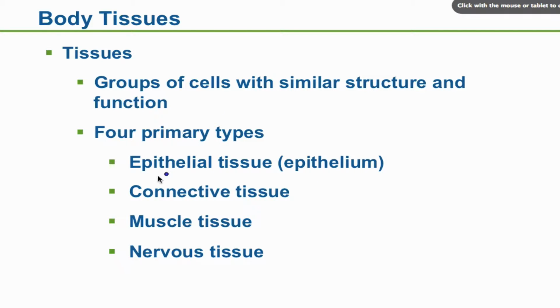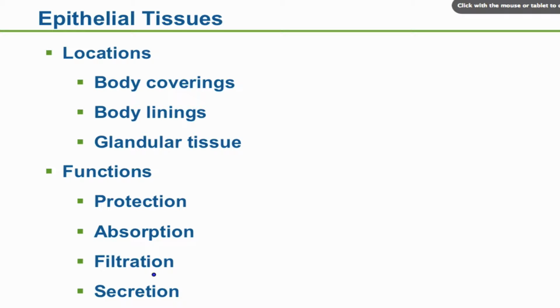Okay, so again, the 4 tissue types that are already written there for you, so you don't need to copy those down again. You have epithelial tissue, connective tissue, muscle tissue, and nervous tissue. So we're in the very top in the epithelial tissue type.